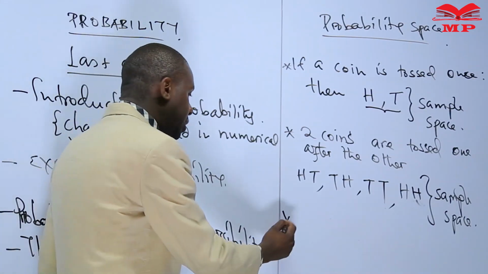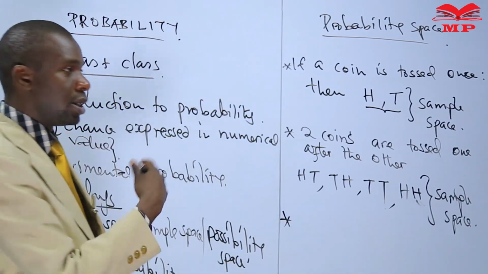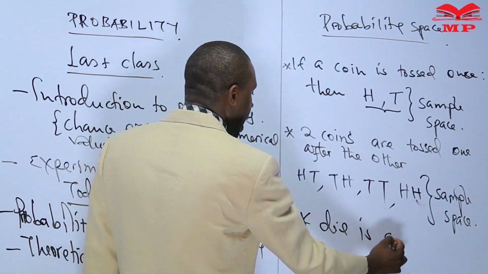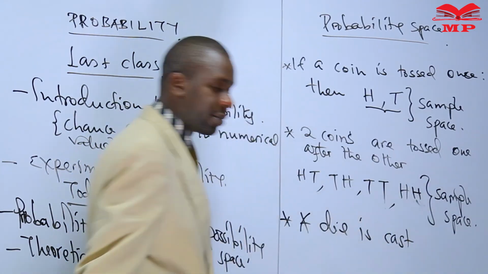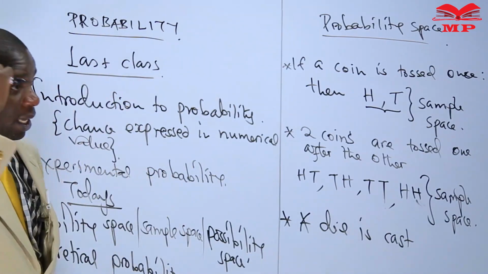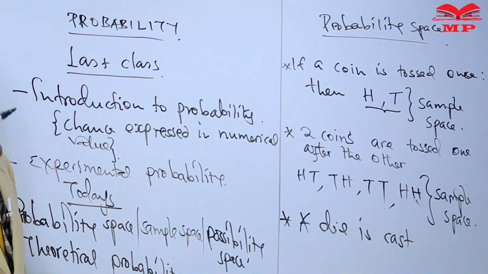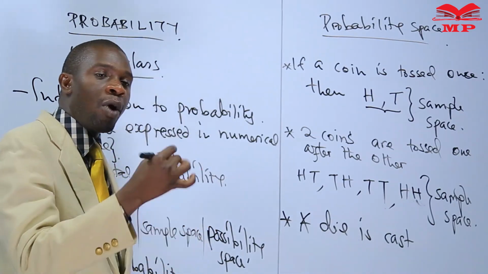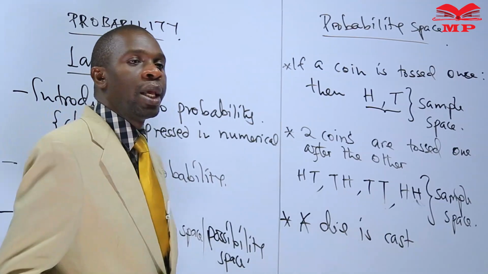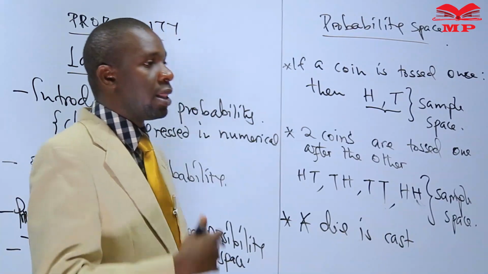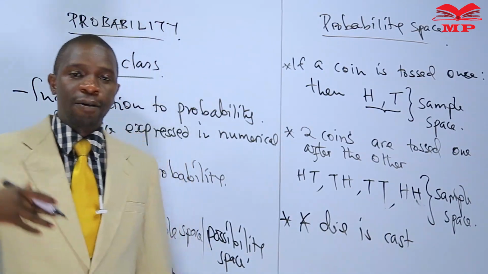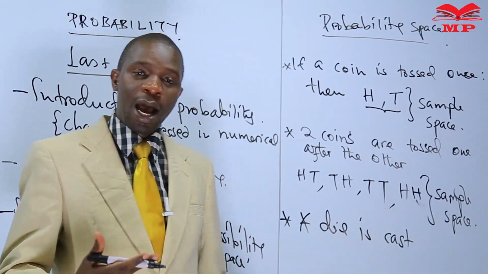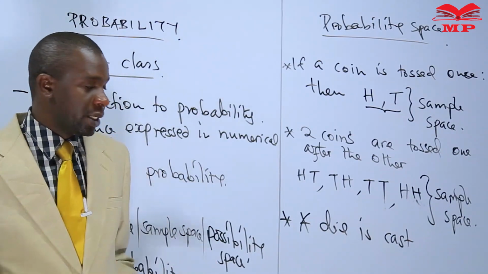Let us look at a third scenario. A die is cast. Now, when a die is cast, a die normally has 6 faces, and each face is marked with dots. For example, one face is marked with 1 dot, the other face is marked with 2, the third one is marked with 3, the fourth one is marked with 4 dots, the fifth one is marked with 5 dots, and the sixth one is marked with 6 dots.